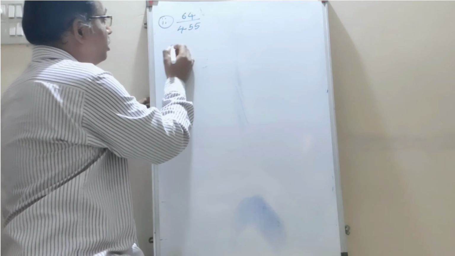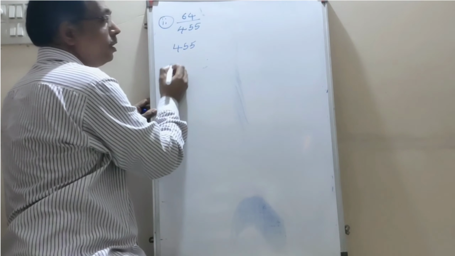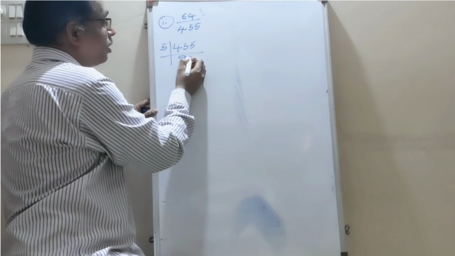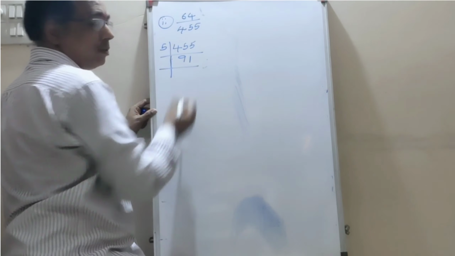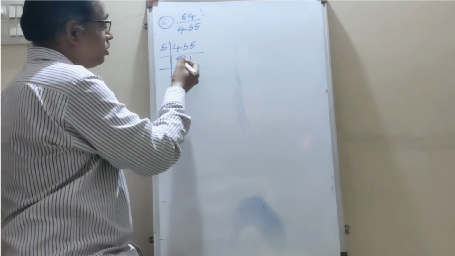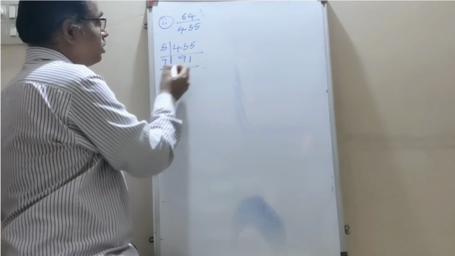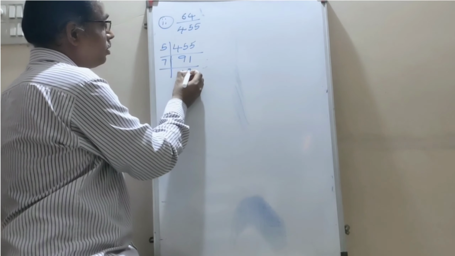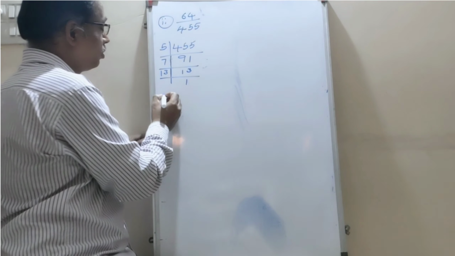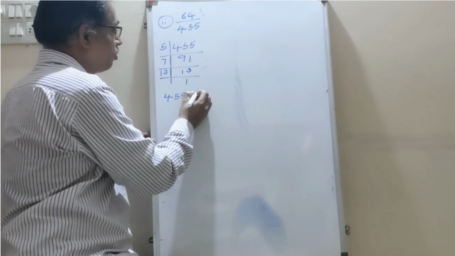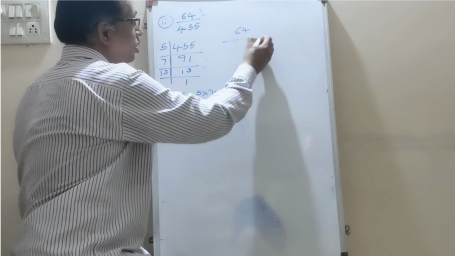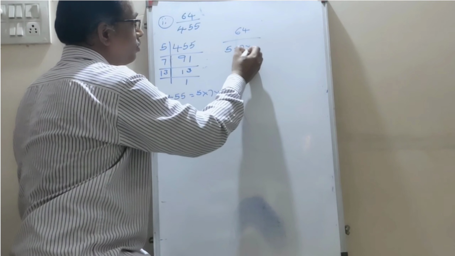Here again take the denominator 455, divided by the 5 table: 5 9s are 45, 5 1s are 5. And again it's not going by the 5 table, so go to 7. 7 1s are 7, 7 3s are 21... so simply we got 13, which is a prime number, 13 1s are 13. So that's why here 455 is equal to 5 into 7 into 13. So the fraction becomes 64 by 5 into 7 into 13.